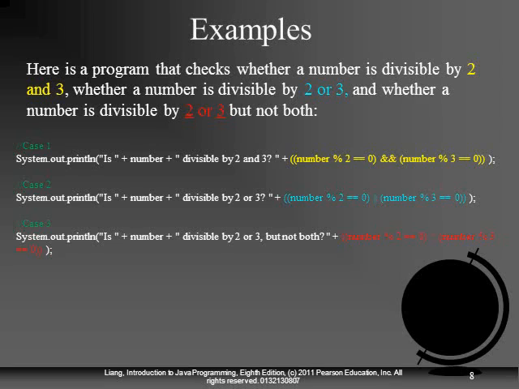If I enter 6, this is a case where both expressions are true, and consequently with an exclusive OR, it's either one or the other, but not both, so it should display false. You should probably try a little bit of this code in either NetBeans or TextPad just to convince yourself how those things work.